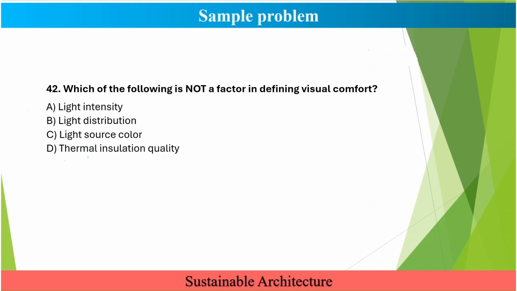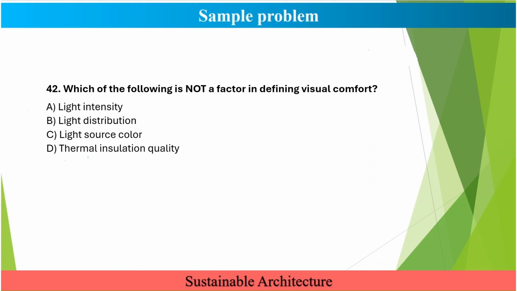Which of the following is not a factor in defining visual comfort? Thermal insulation quality. D. Thermal insulation quality. Okay, this is the right answer. All the rest of the factors like light intensity, light distribution, light source, and color all affect visual comfort.